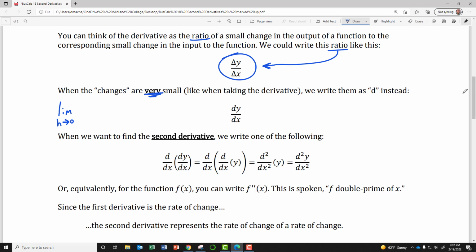So as that change is approaching 0, what is the difference between one output of your function minus the other output of your function, divided by that change in x, right?